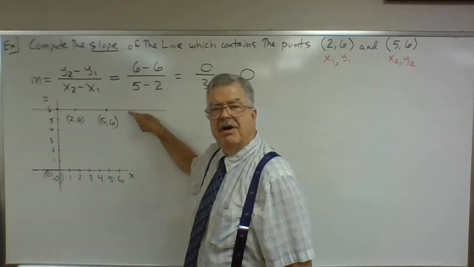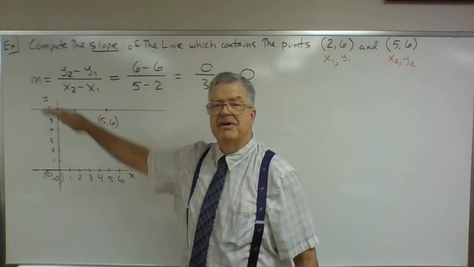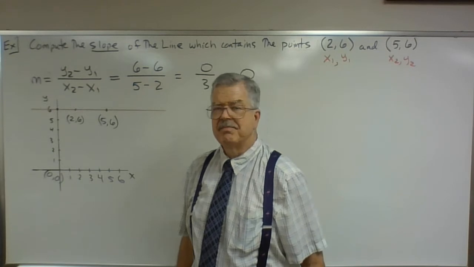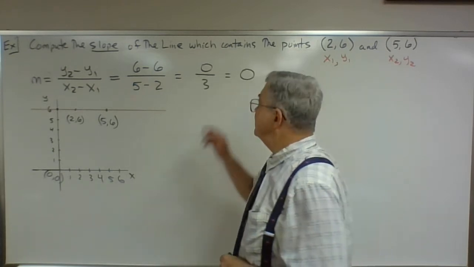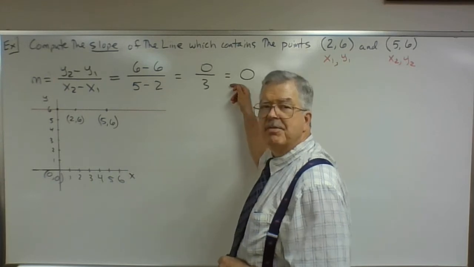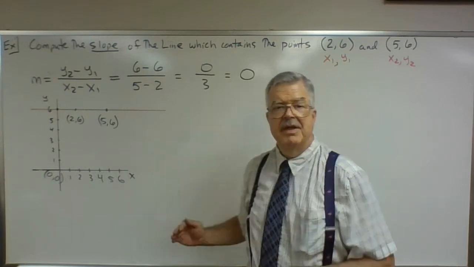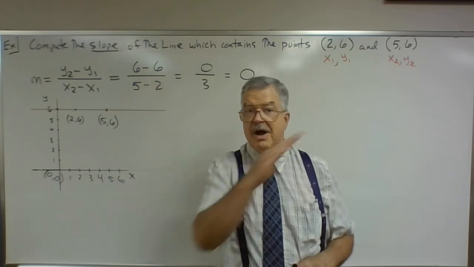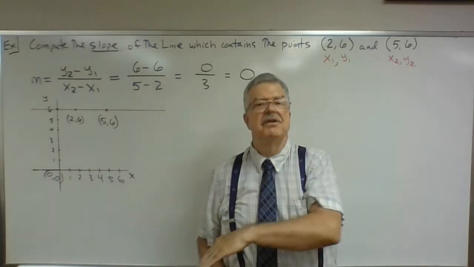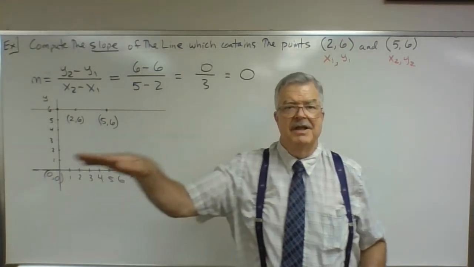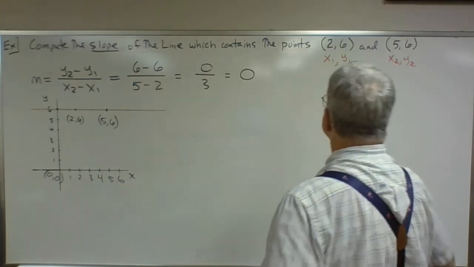This line is a horizontal line. It goes straight across. This is characteristic of every line that has a slope of 0. If it has a slope of 0, it doesn't go up and it doesn't go down. It's a horizontal line if it has a slope of 0.